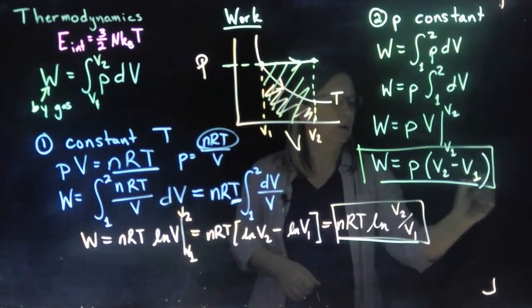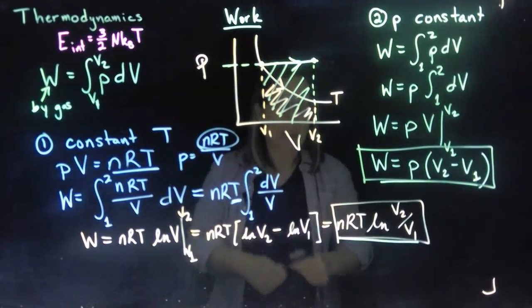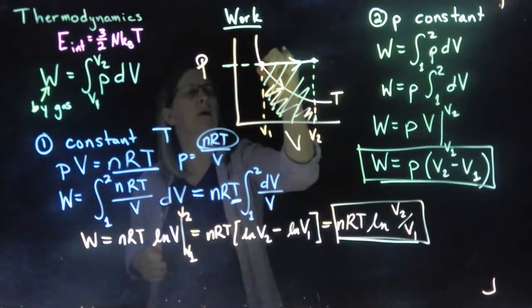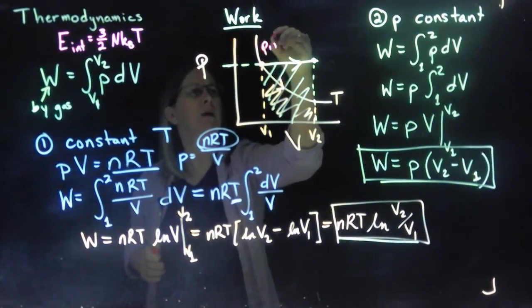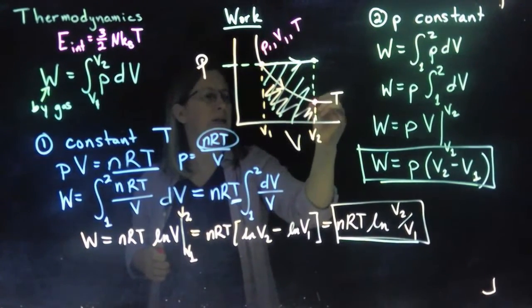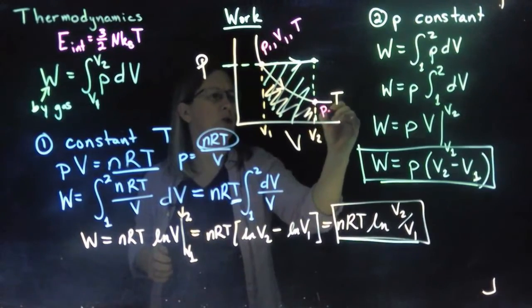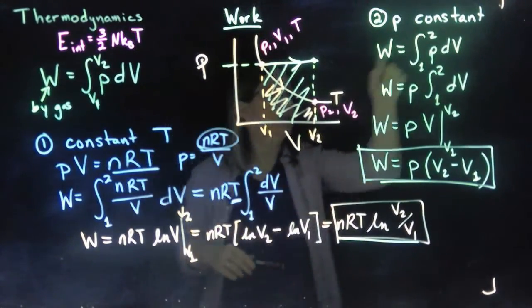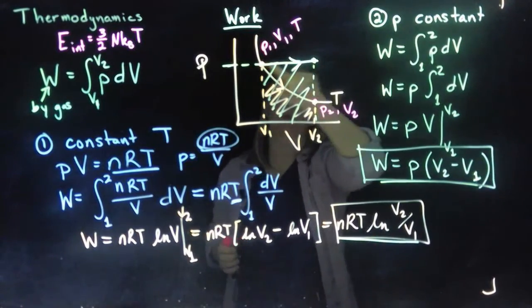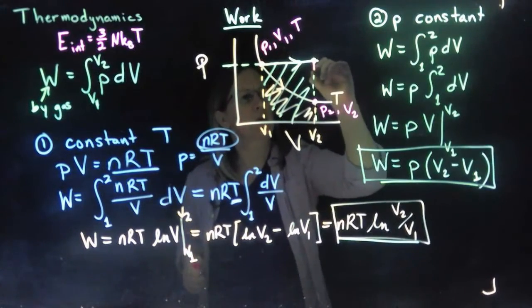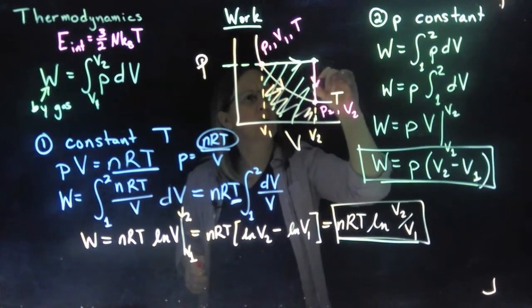Now, to get back to the same point, so I started at point 1 with pressure 1, V1, temperature. And if I want to get back to point 2, which is pressure 2, volume 2, same temperature, I can take P constant, and then I can take one more step, which is to calculate the work done to go along here.